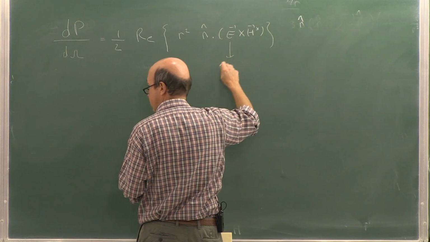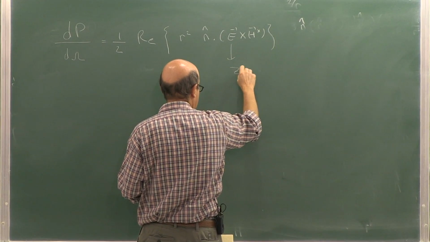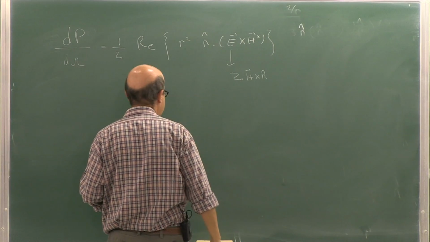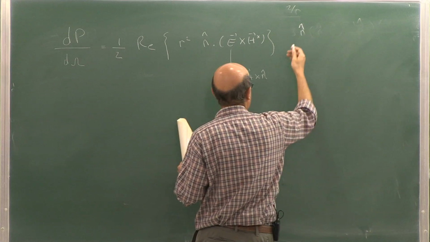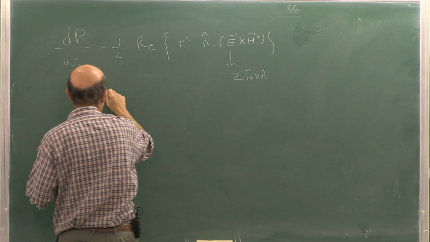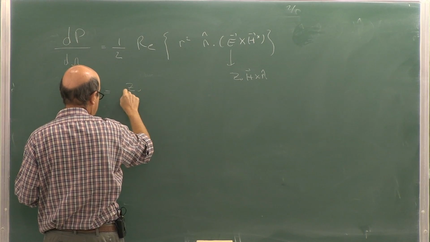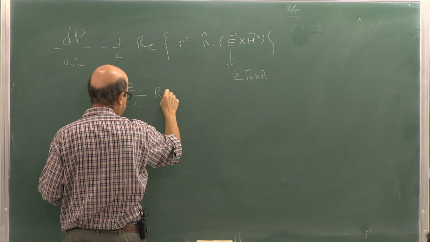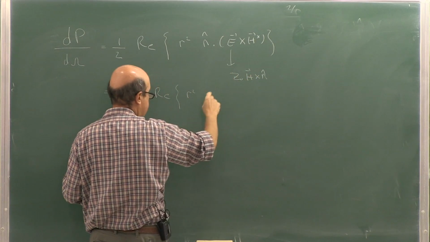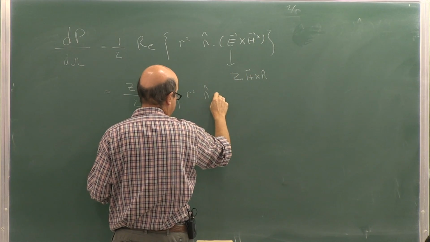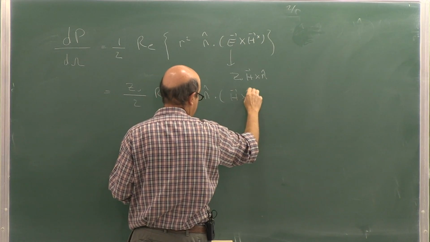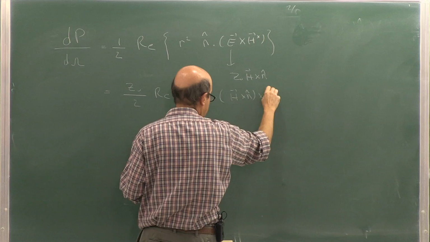So the electric field is Z0 H cross n, and that is equal to Z0 over 2 real part of R squared n dot H cross n cross H complex conjugate.